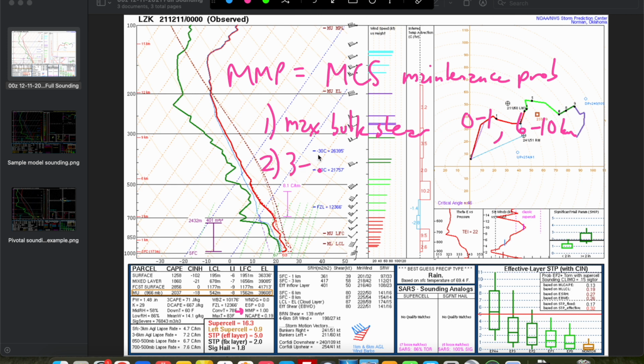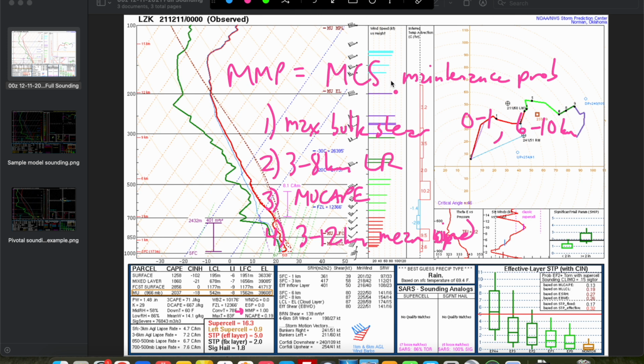We take a look at the 3 to 8 kilometer lapse rate, the MU CAPE, most unstable CAPE, and the mean wind in the 3 to 12 kilometer layer. So these four factors go into the MCS maintenance probability.